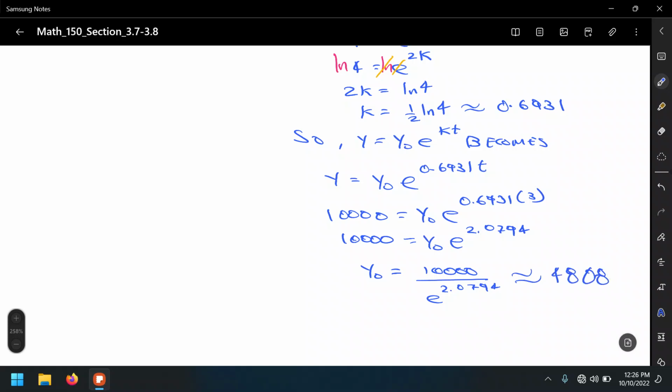Actually, I get this on the graphing calculator, 0.998, but we can approximate this to the next integer.